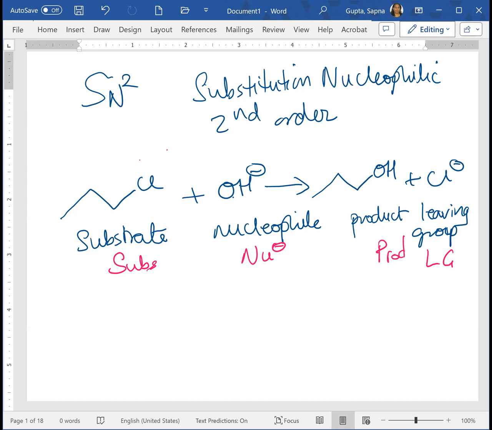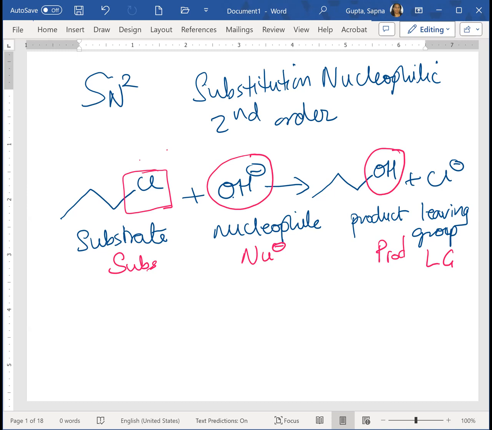Now, when you look at the substrate, you will see the leaving group there also. So you can mark the leaving group on either side. And the same thing goes for the nucleophile, because you can see the nucleophile here, and there is a nucleophile right here.